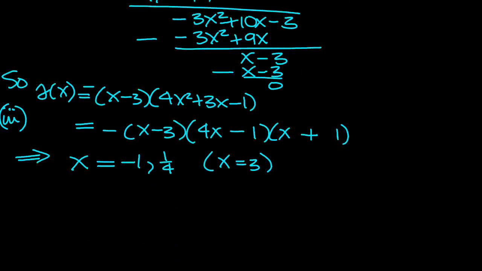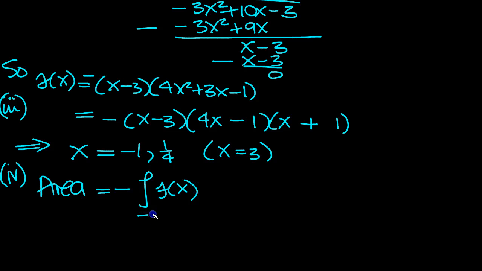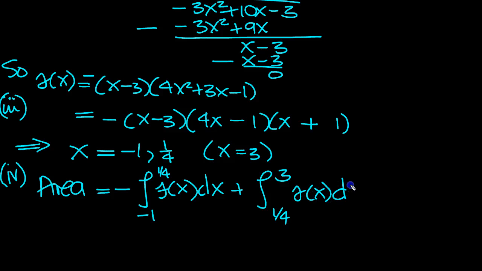So area, part 4. So the area, shaded area, is equal to, it would be minus the integral of f of x between minus 1 and the other root, quarter, as we said, plus the integral between the roots, quarter, the positive one here, and up to 3 of f of x dx.